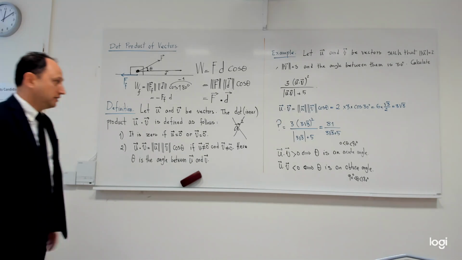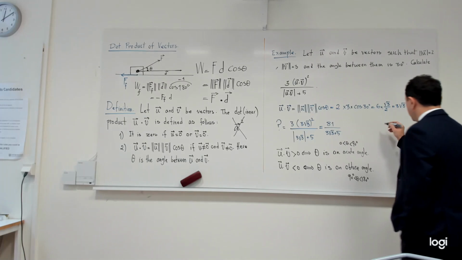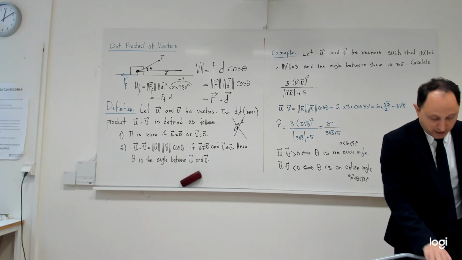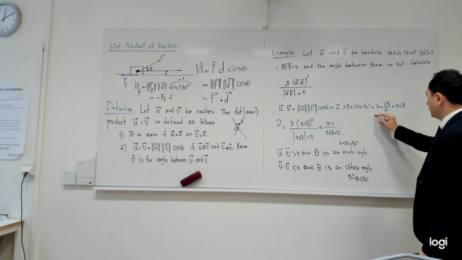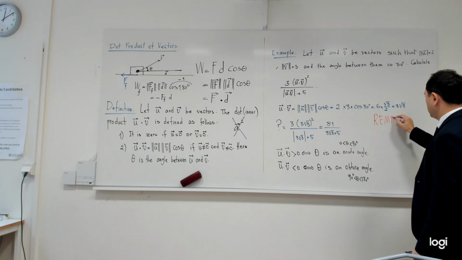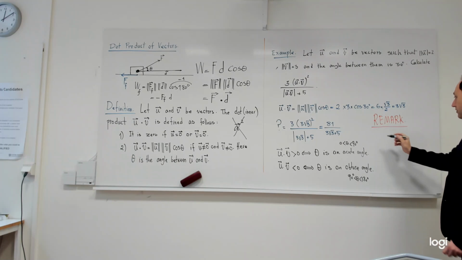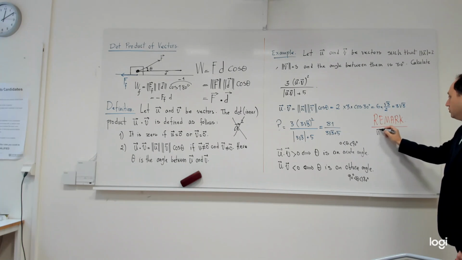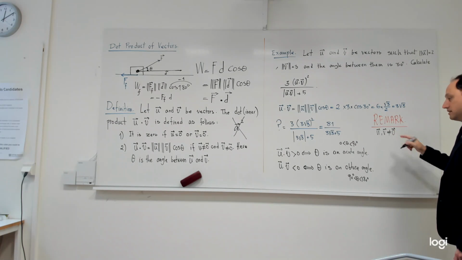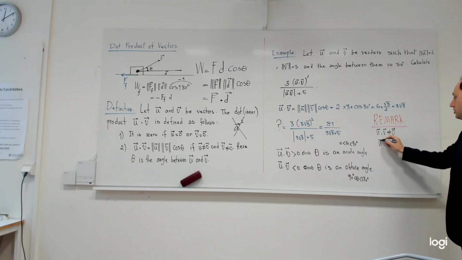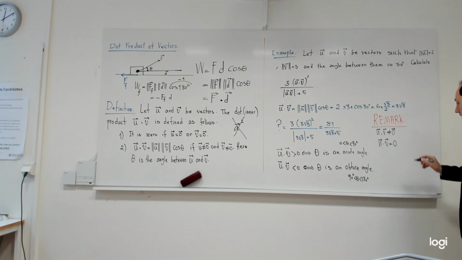Okay, so that's also very, very important to write. Let me write this as a remark, because I will use it a lot. If someone guarantees that u and v are non-zero vectors, but tells you that u dot v is equal to 0, not as a vector but as a number, then definitely you can conclude that u is perpendicular to v.